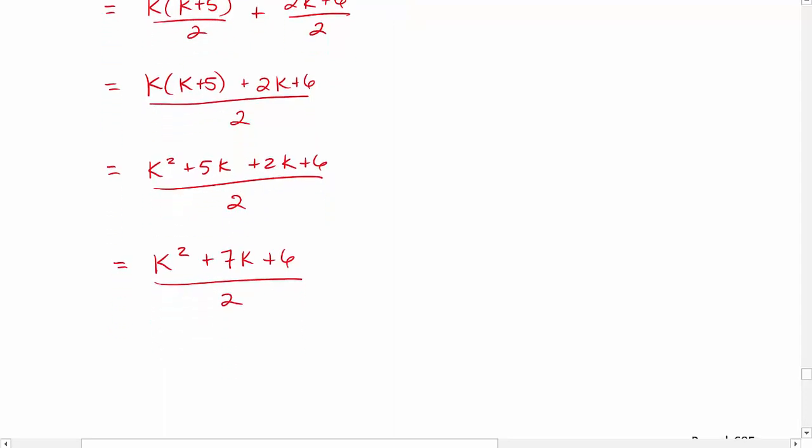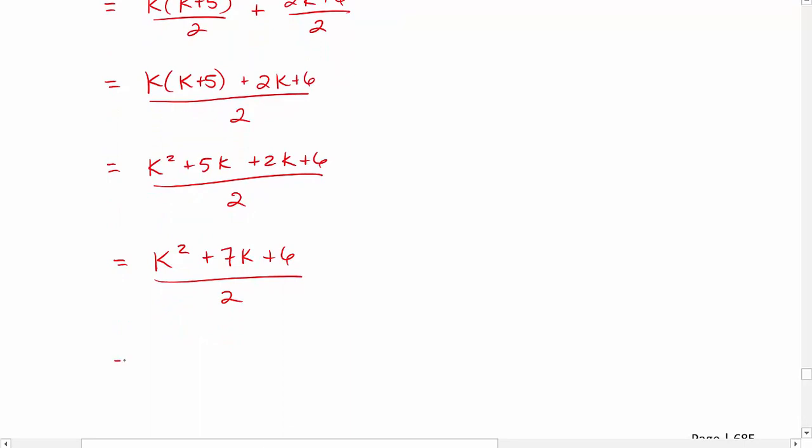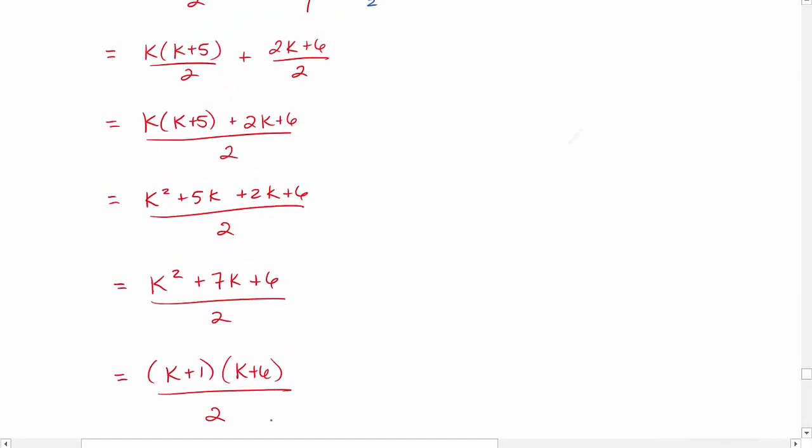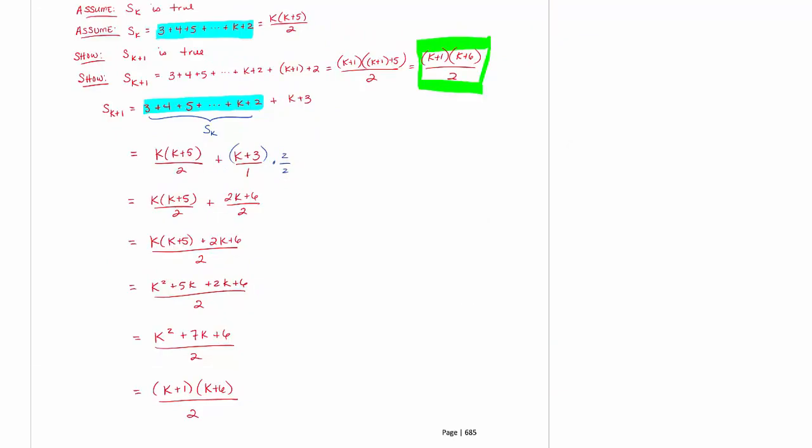And then we can factor our numerator into k plus 1 times k plus 6 all over 2. So now we go back and look, is that what we said we needed to show? We see that we've gotten to that green box, which is what we were trying to show in the first place. So this is true. Now we just need to write a wrap-up statement for our proof.